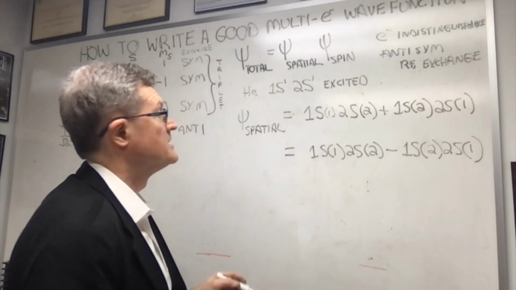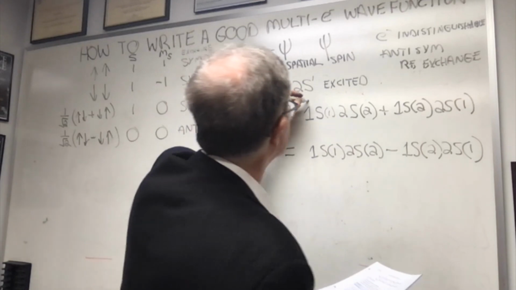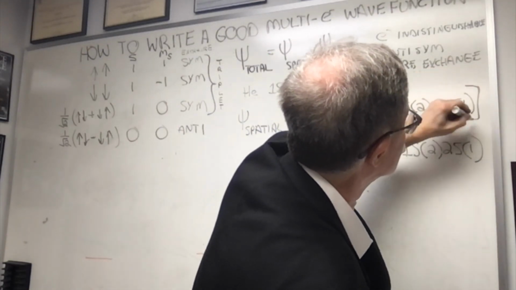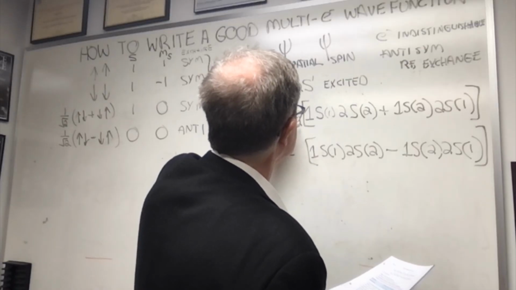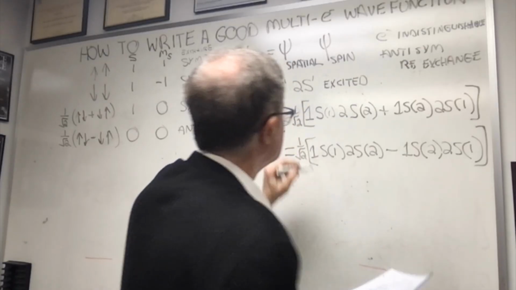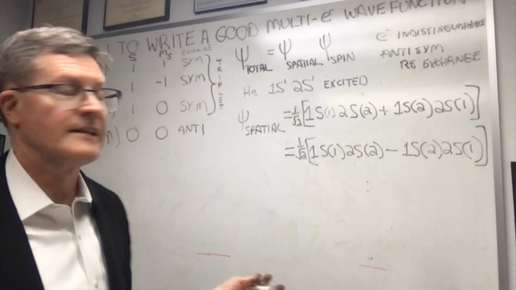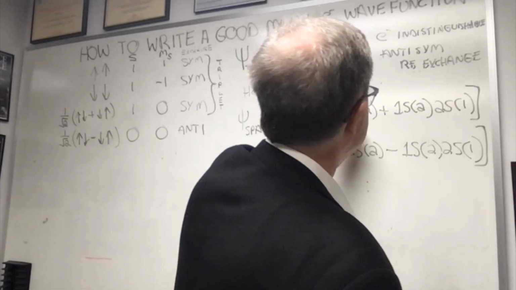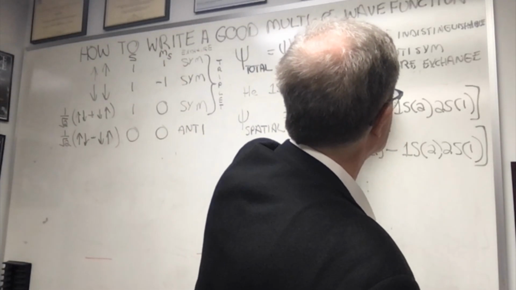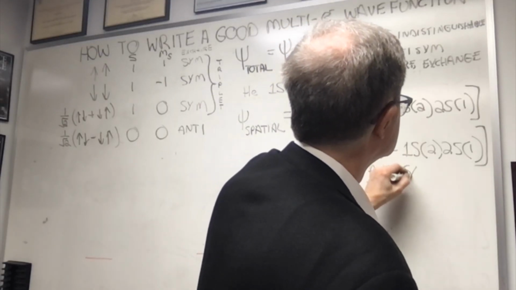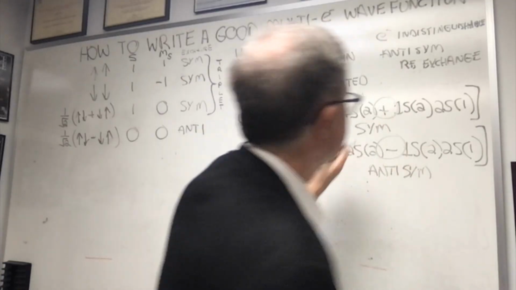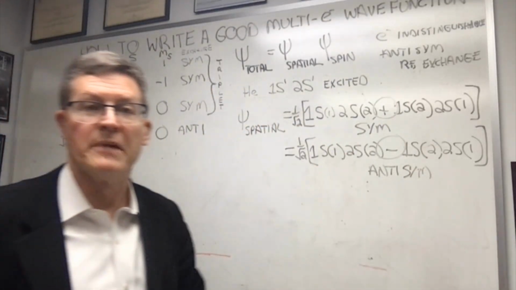Plus or minus combinations, they've got to be normalized. So if we have normalized them, we also have to multiply them by 1 over the square root of 2 to normalize those. And again, we're going to get a symmetric and an antisymmetric combination with either the plus or minus sign.